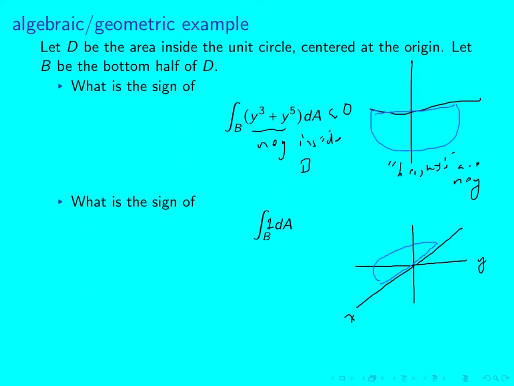So every rectangular bar that I draw above the region in the xy plane will have a height of exactly 1 everywhere. So every single rectangular bar will have exactly the same height.